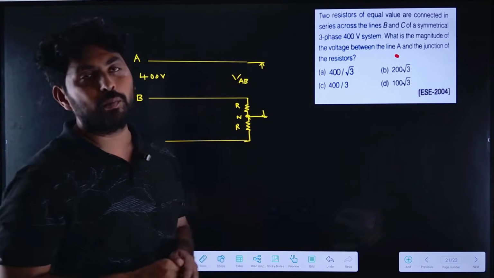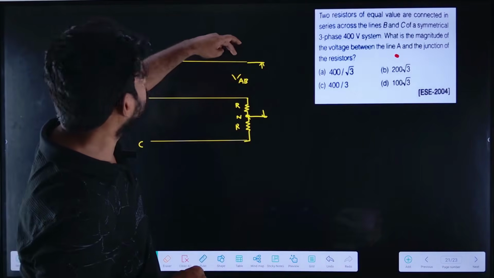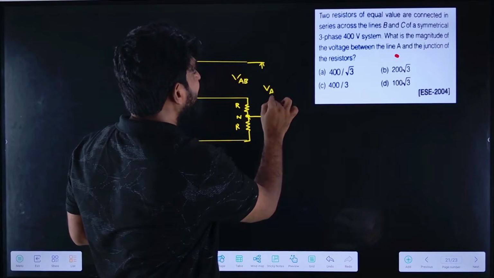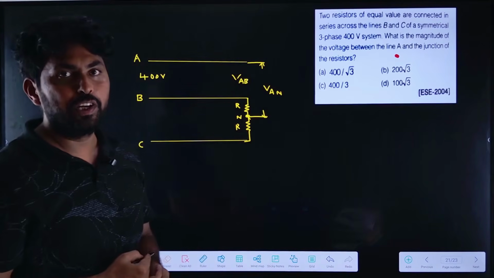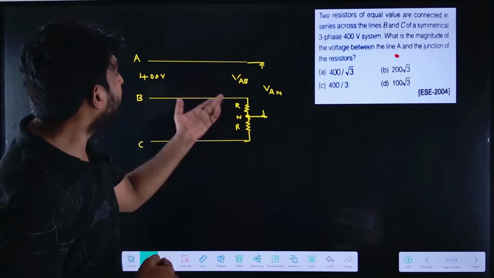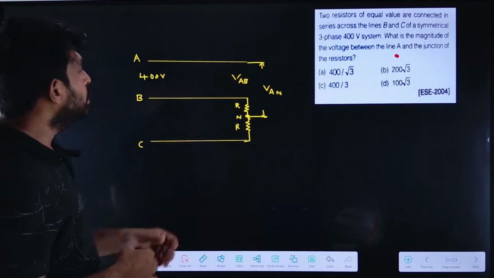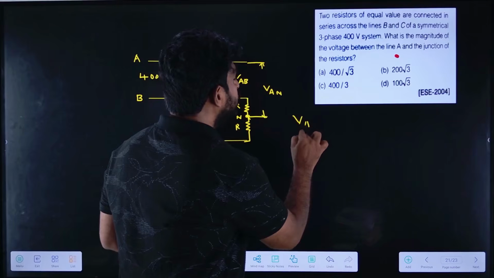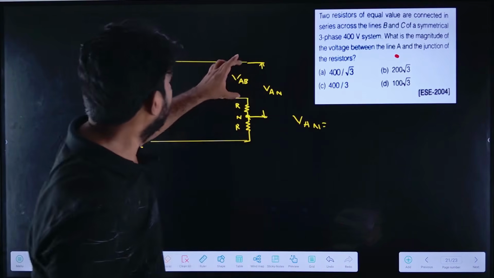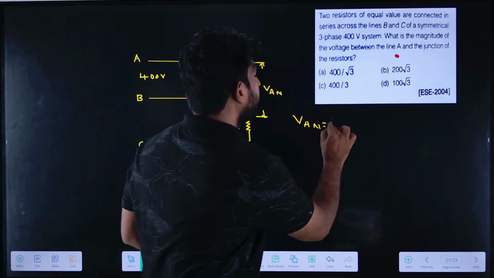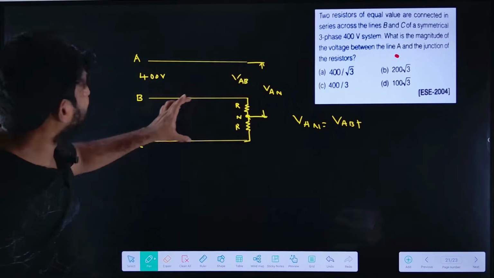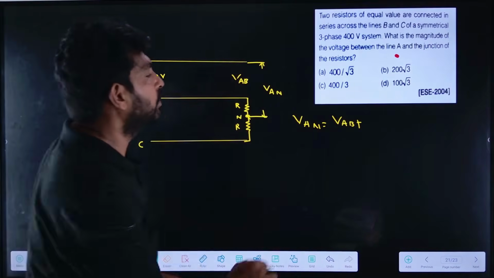Let us assume that common point is N. So they are asking to find the voltage between the A line and the N point. We need to find the VAN. How can we find the VAN? If I take VAB as a reference, VAN equals VAB plus VBC divided by 2.